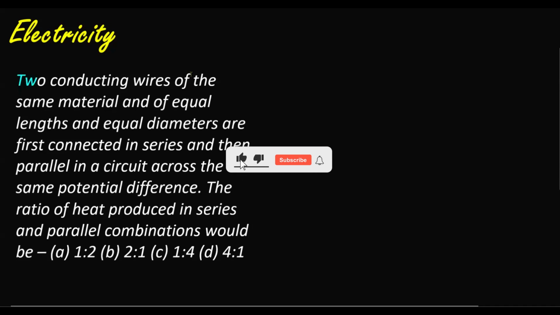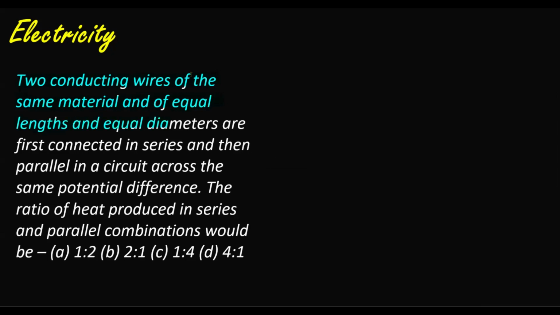In this question, he says two connecting wires of the same material, so resistivity will be same, of equal length and equal diameter. That means length is equal and equal diameter means equal cross section area, are first connected in series and then in parallel across the same voltage supply, same potential difference. What we have to determine is the ratio of heat produced in series and in parallel combinations.